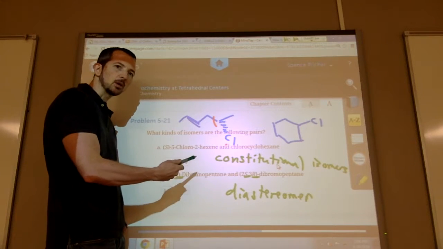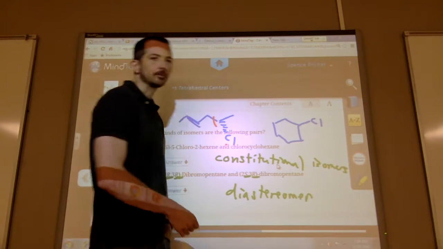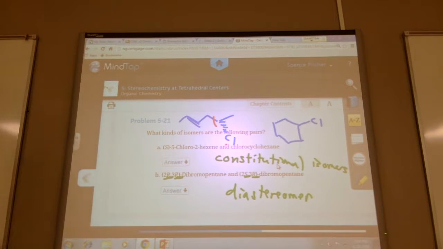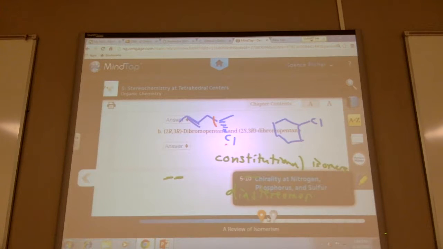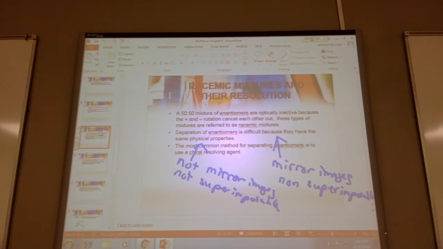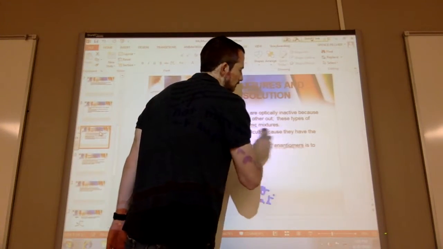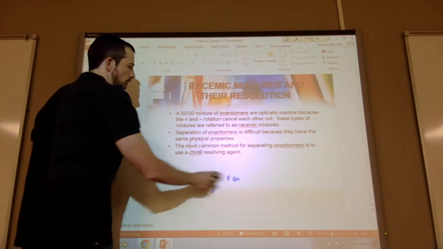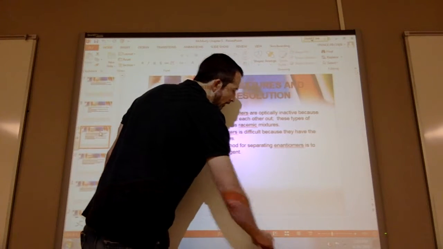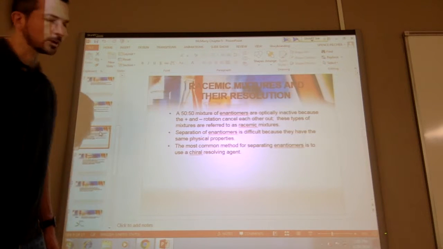If they're the same at some, opposite at others, it's a diastereomer. Look at what's known as a racemic mixture.